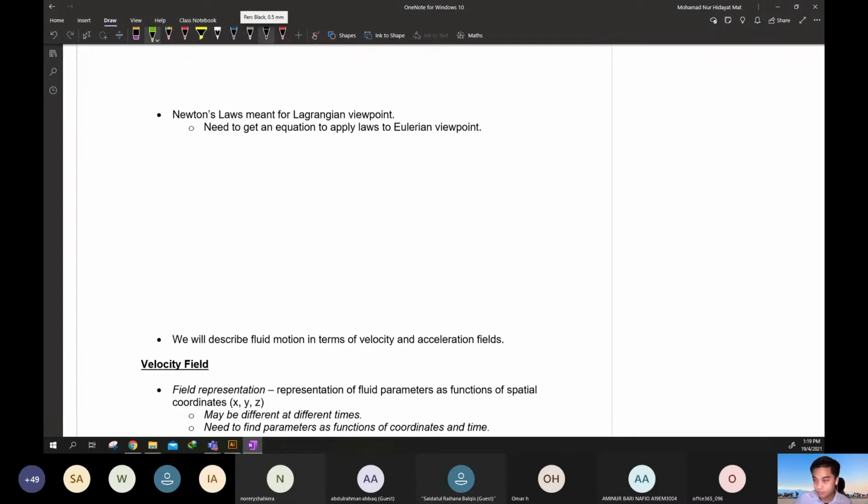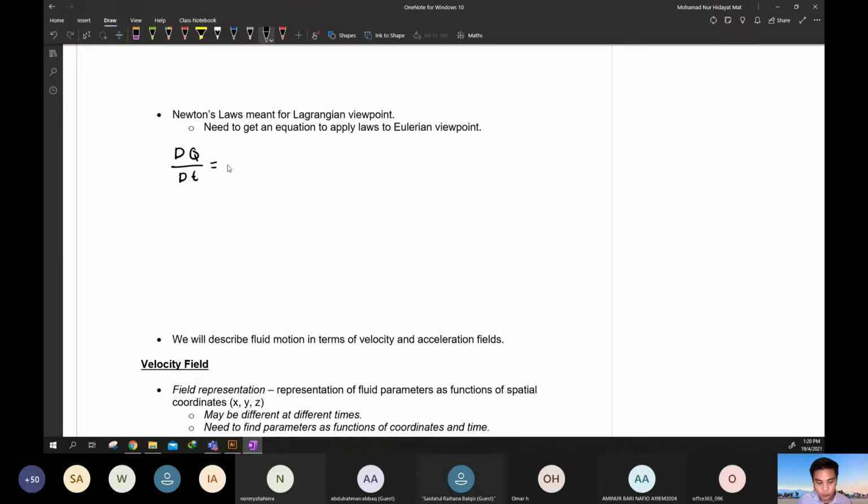So we are going to apply Newton's law. For example, Q can be any kind of property, like velocity, pressure, temperature. So we can use the law DQ over Dt, where Q is any kind of property. Don't confuse: the capital D is a total differential, referring to the whole of the property.